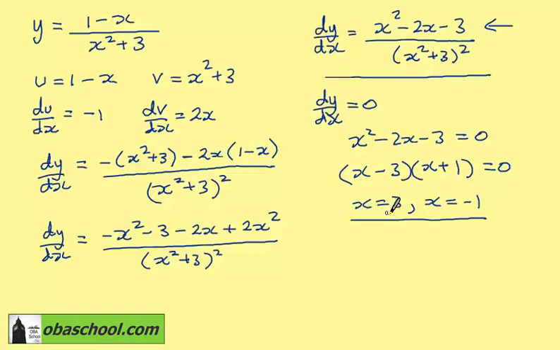If x is equal to 3, then y is going to be 1 take away 3, that's minus 2, over 9 plus 3, which is 12, minus 2 over 12 is minus 1/6. If x is minus 1, this becomes 1 plus 1, which is 2, over 1 plus 3, which is 4, so 2 over 4 is a half.